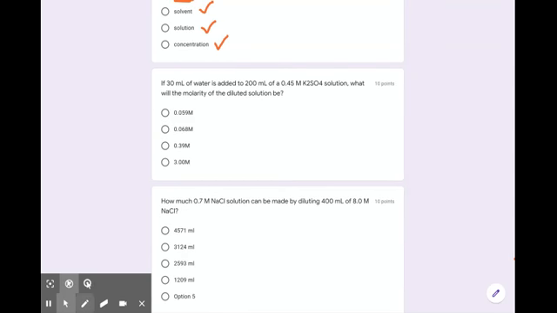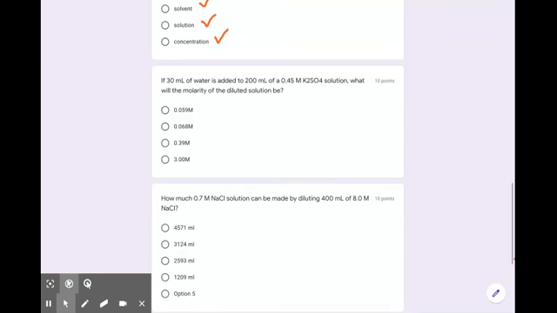Okay, calculation. If 30 ml of water is added to 200 ml of 0.45 molarity potassium sulfate solution, what will be the molarity of the diluted solution? So remember, first we have to have our given, or you can write your formula.